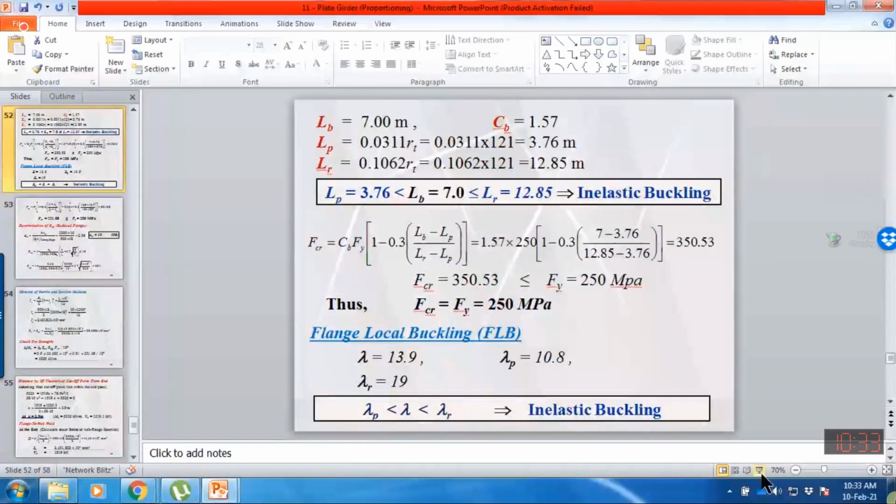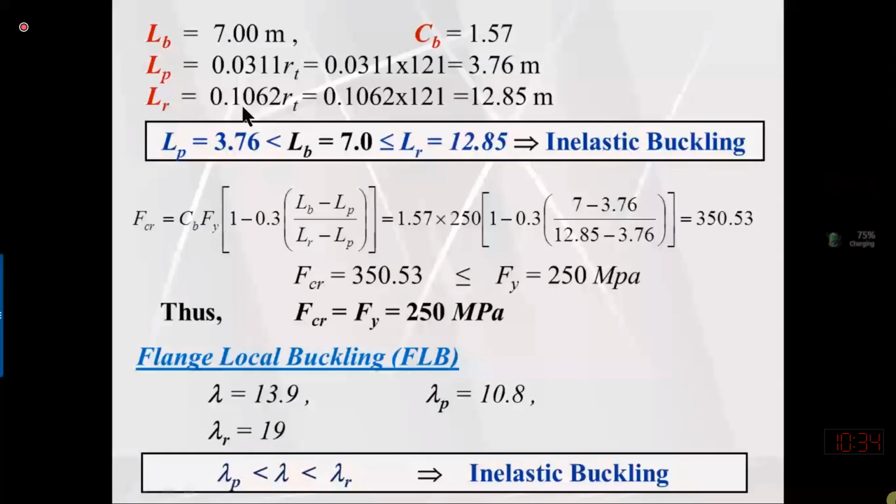LP value is 3.76 and LB is 7 meters. So LB is more than LP but less than LR. This means that our plate girder section with half flange area is non-compact with reference to lateral torsion buckling.